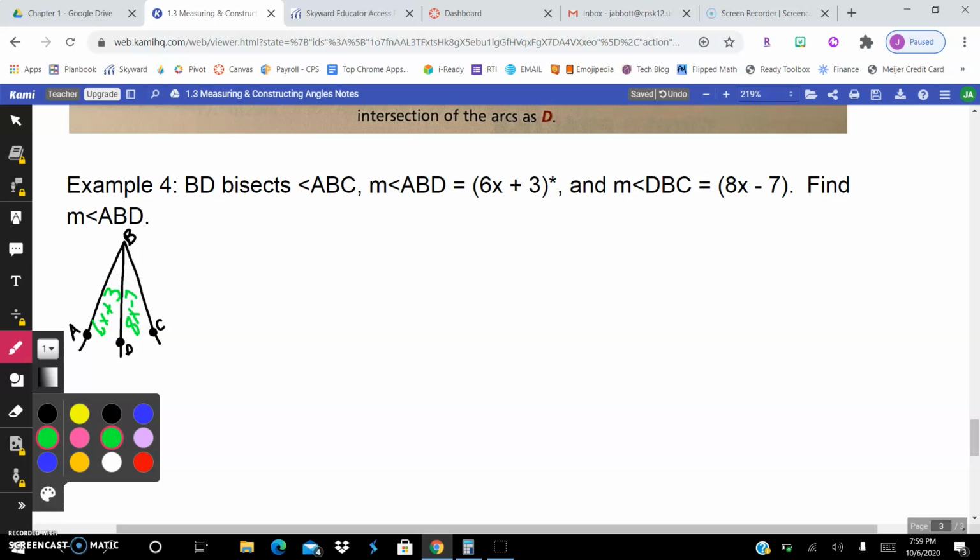Find the measure of angle ABD. If that segment BD bisects it, that means that these two angles are congruent to each other. So I can say 6x plus 3 is equal to 8x minus 7. So then we're going to have to solve.